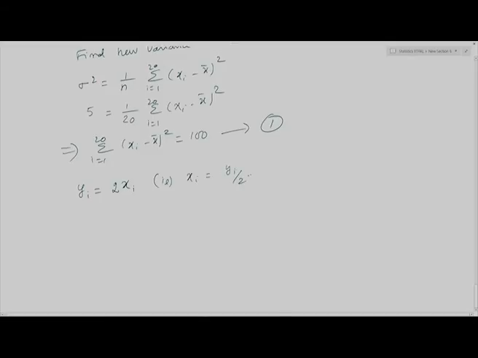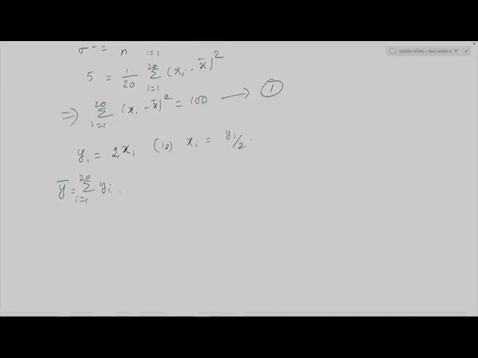Now, what happens to the mean? Let us compute the mean for these yi's, which I call y bar, which is equal to 1 by 20 sigma of yi, i equal to 1 to 20, the same 20 observations. Since yi is 2xi, finally it turns out to be 2 times the x bar.